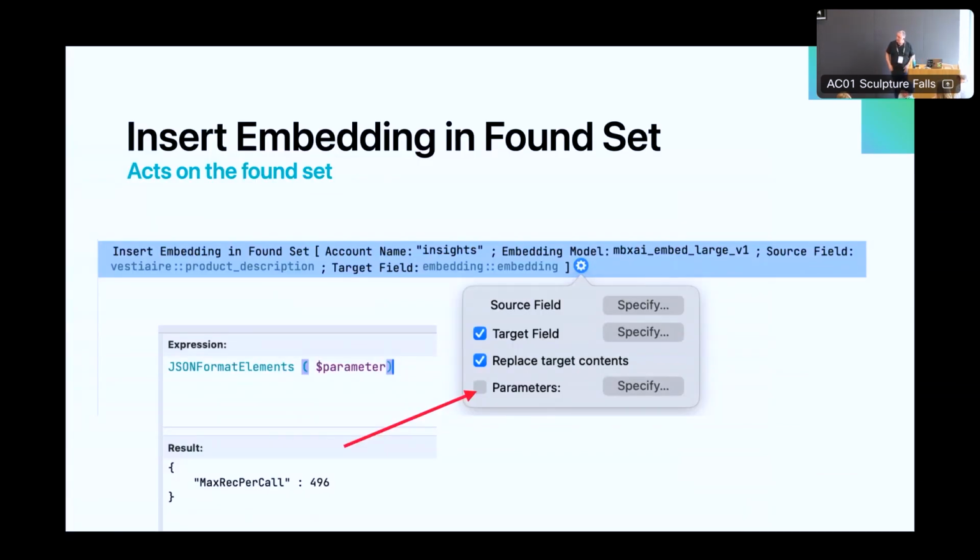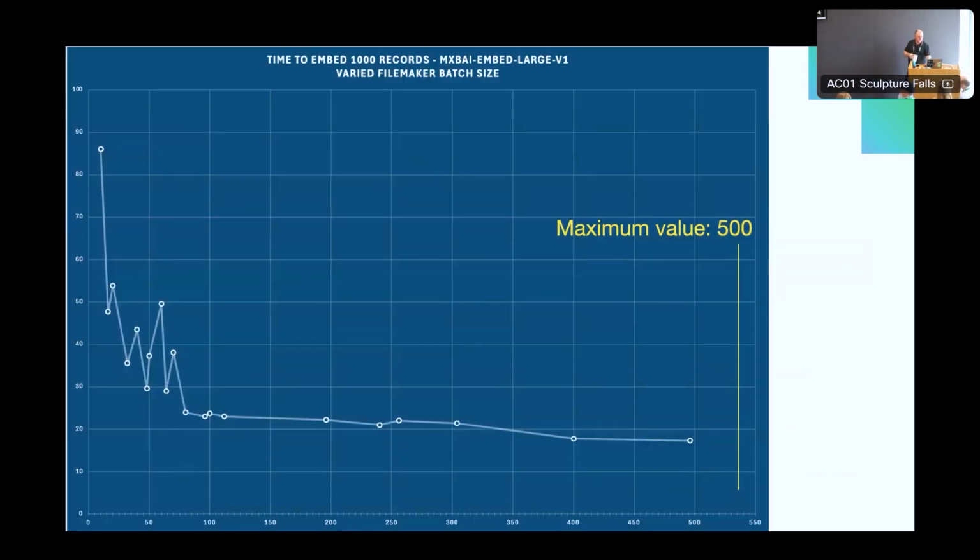What I did was I varied a parameter called max records per call, and that determines how many records it processes at a time.